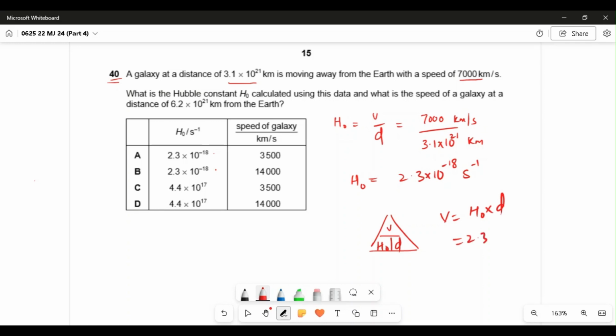So 2.3 times 10 to the power negative 18, and d is 6.2 times 10 to the power 21. When you multiply, your answer is 14,000. So that is option B.